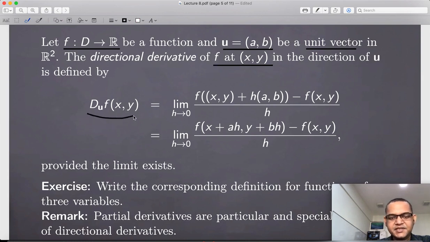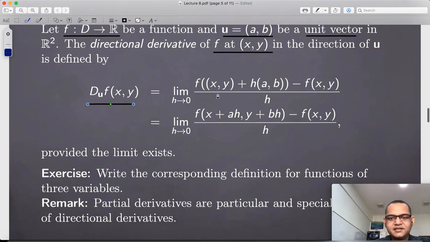The notation is different: fx and fy are reserved for the partial derivatives because they are the special ones, along the coordinate axes. Whereas if you want to go in any given direction, we use the notation D suffix u. And if this limit exists, we say that the directional derivative of f at this point exists.